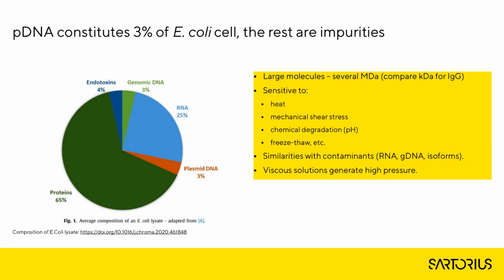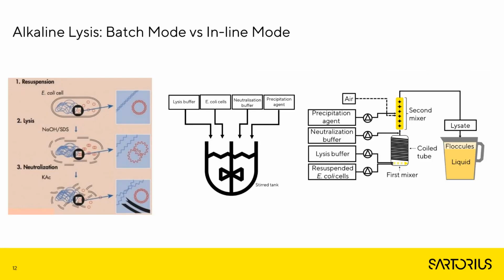There are various ways, but since the mid-80s, one method in particular has been the industrial workhorse, and that's so-called alkaline lysis, simply meaning that we incubate bacterial cells with strong base, sodium hydroxide mixed with SDS, and that leads to breaks in the cell wall as the first step.